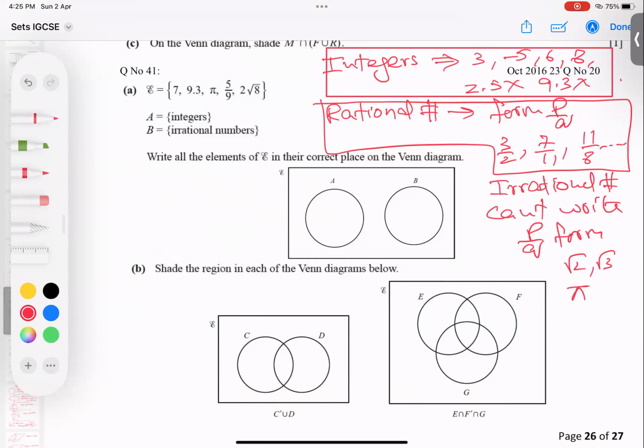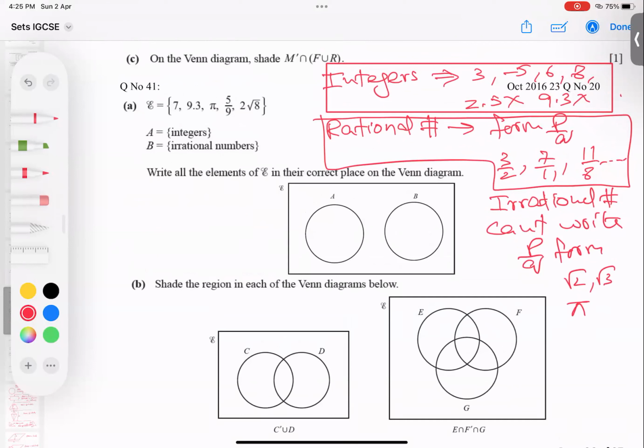Now, how to write it? Make two circles, integers here. We have 7 as an integer, and 9. Yes, 9.3 is a rational number. Root 8 is an irrational number.